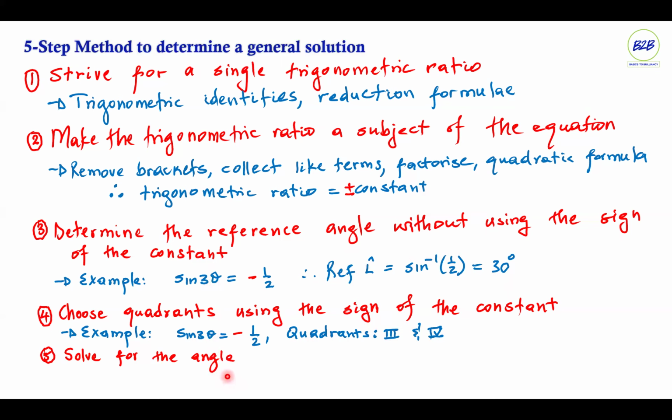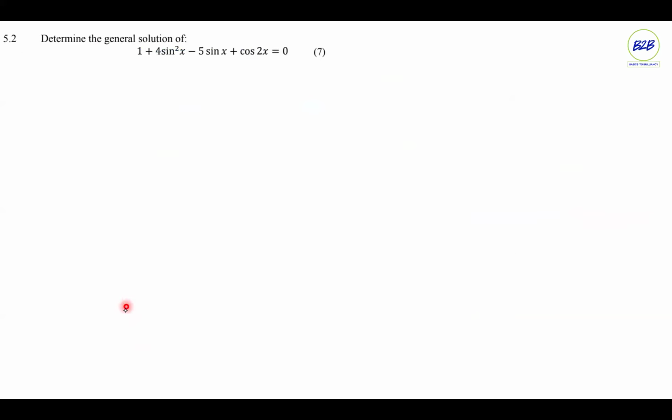All right. Then let us move into the applications of this 5-step method. This is what we will use throughout this episode, so keep this in mind. Really, really important. Right, let's deal with the first question.